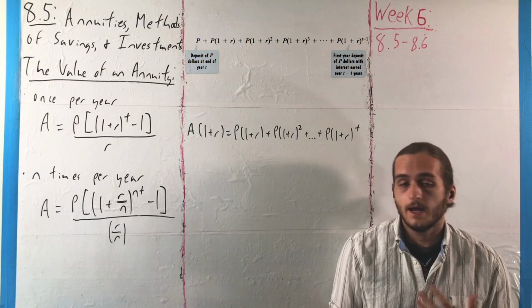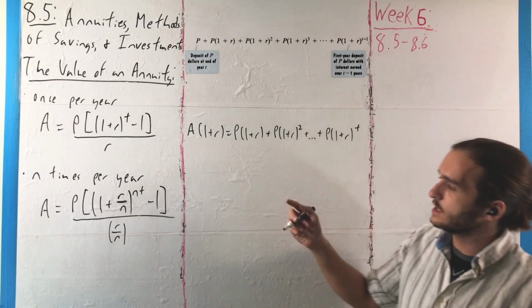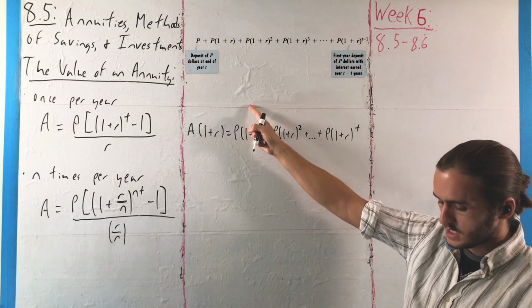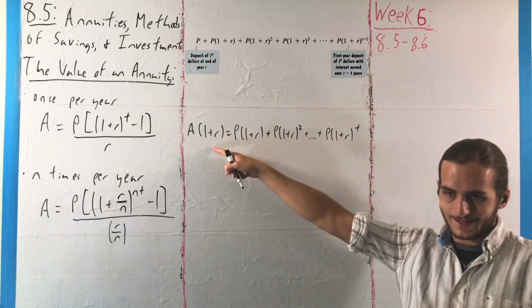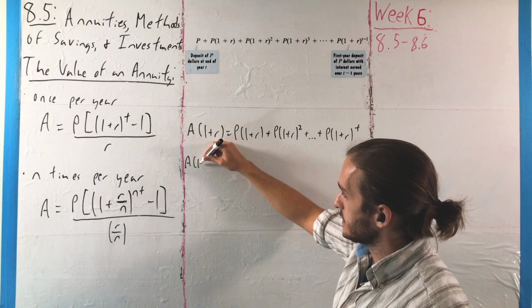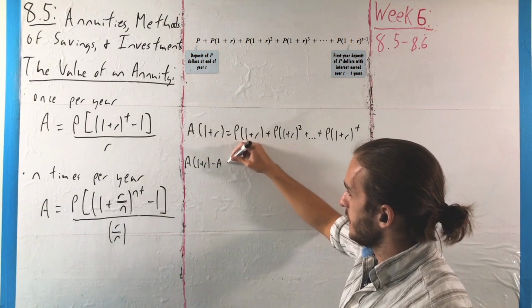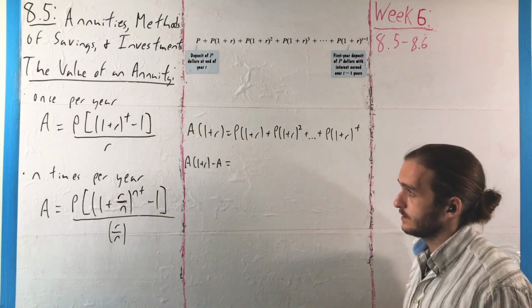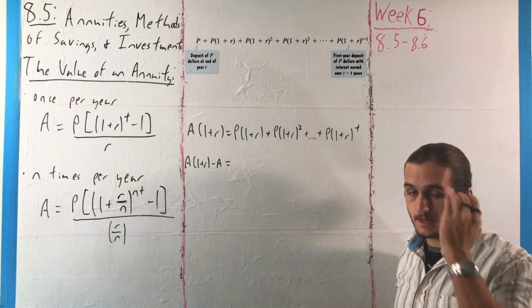Super useful. But actually what we can do here is notice that if we take something like that and subtract it from something like this, well, on the left side we get something very manageable: A times 1 plus R minus A. Meanwhile, on the right, we're going to have two very big messes.